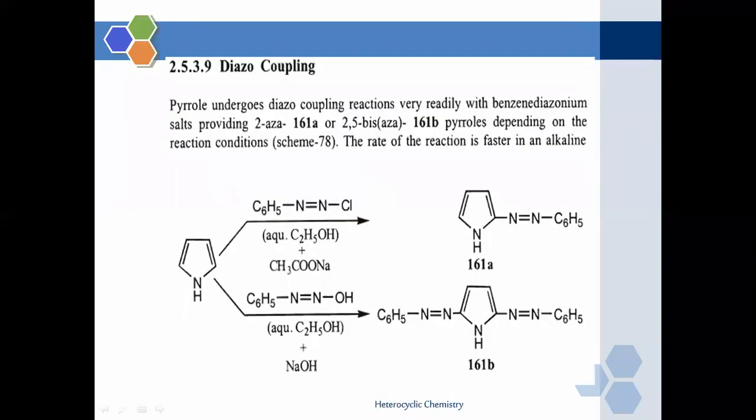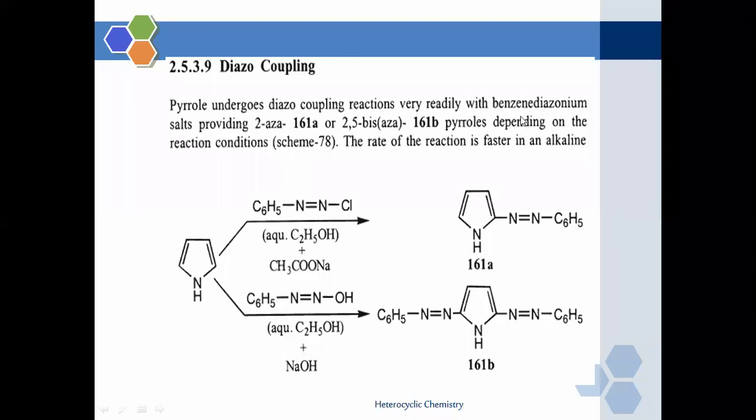Now the next reaction of the pyrrole molecule is diazo coupling reaction. Now pyrrole undergoes diazo coupling reaction very readily with a benzene diazonium salt. See, in semester third, we have seen how there is formation of benzene diazonium salt.